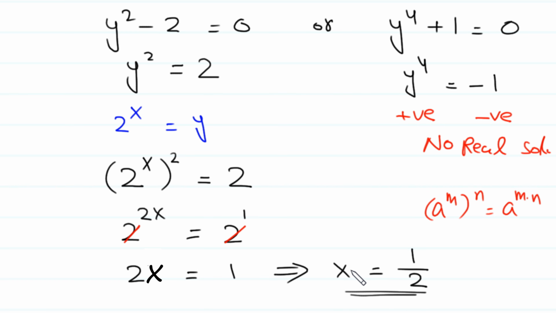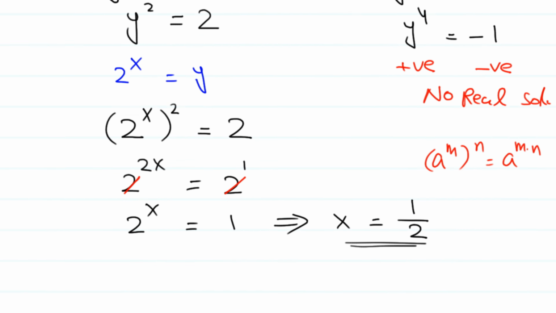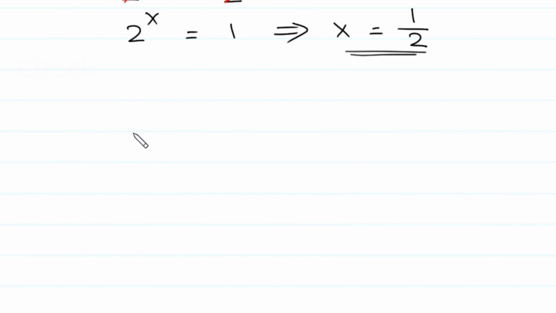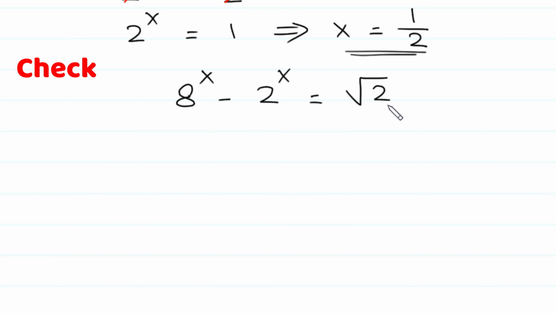Now to verify that this value of x is correct or not, we put this value in the original equation. The original equation is 8 to the power x minus 2 to the power x is equal to square root of 2.